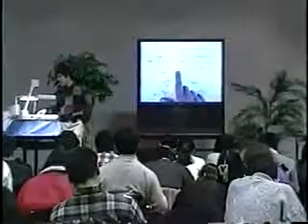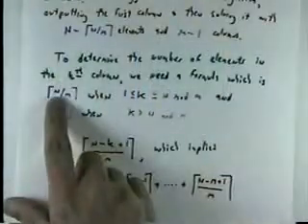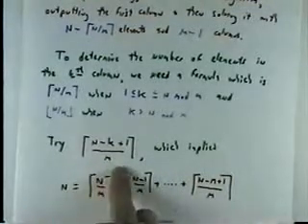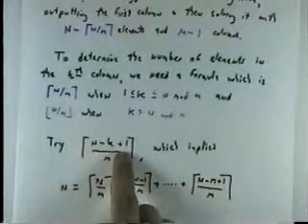Let's think of a function that has this property, that for k between 1 and n mod m, we get the ceiling of n over m, and for larger values of k, we get the floor. My claim is this function does the job. The ceiling of (n minus k plus 1) over m.